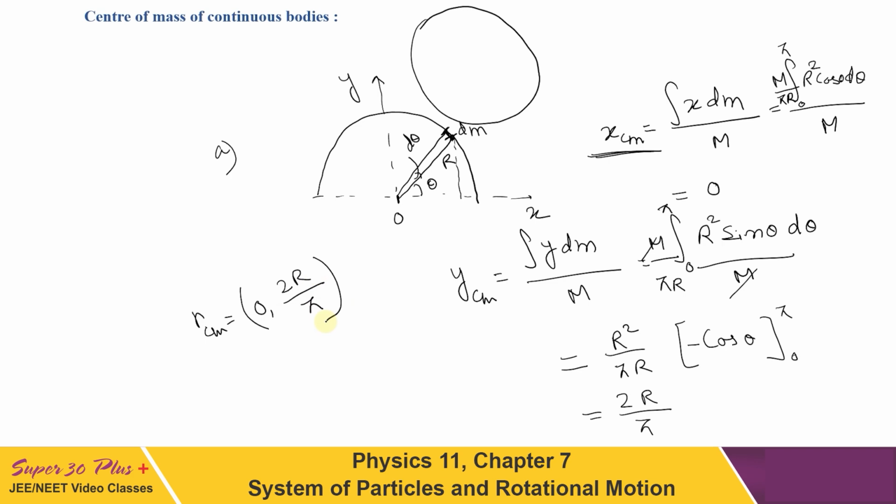You have to simply memorize the result, which can be directly used while solving a given numerical. One more case I am considering, center of mass for a disk, and it has to be a semicircular disk. Because you know for the whole disk it will be at its center itself, so no need to derive for that. Let us consider this semicircular disk.